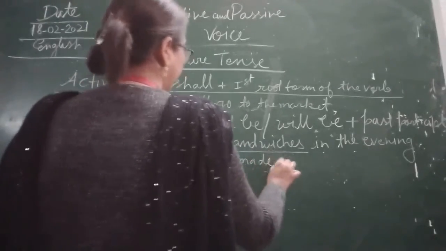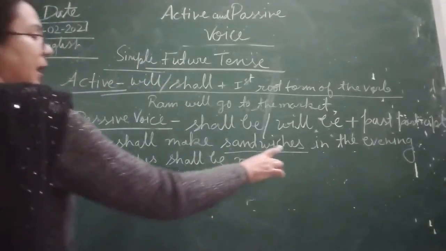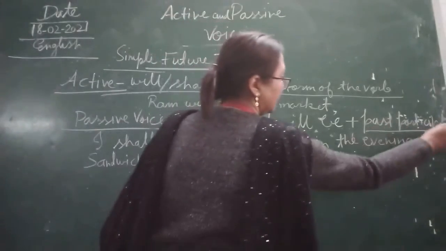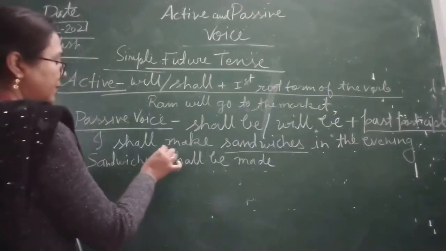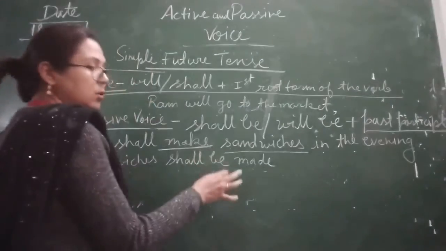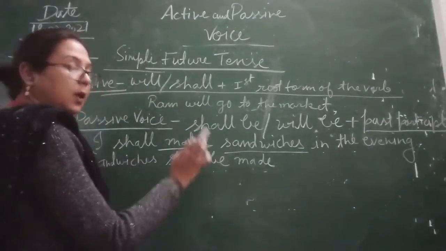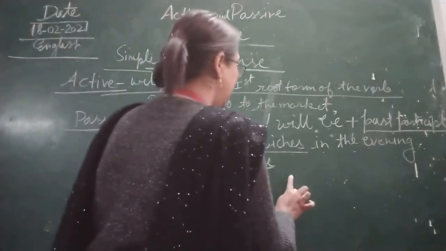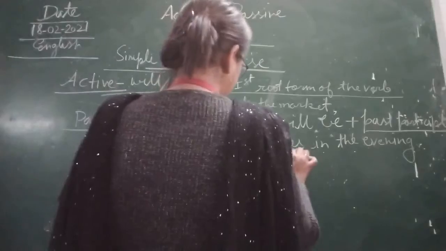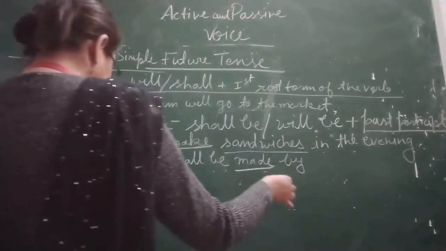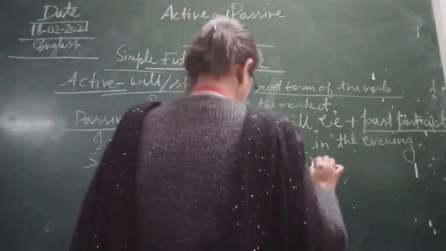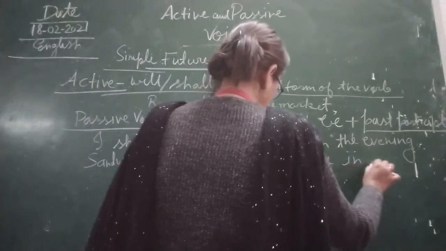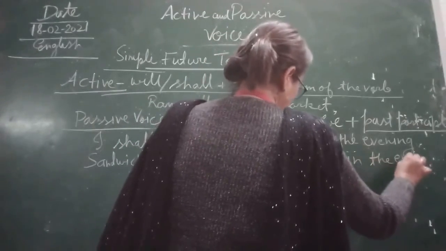Why made? Because here you can see we are using the past participle. That is why we converted make to made. Okay, so sandwiches shall be made by, what will you write? By me in the evening.